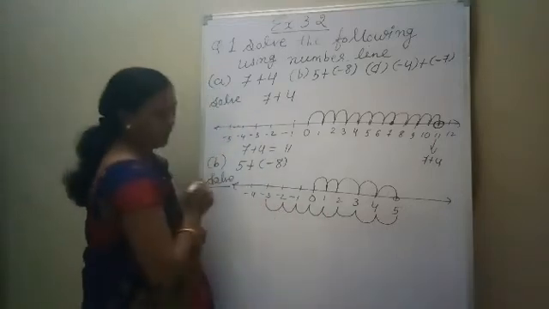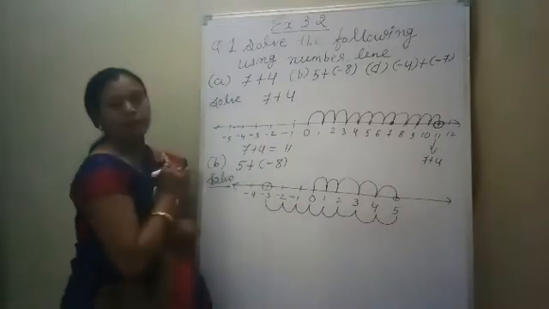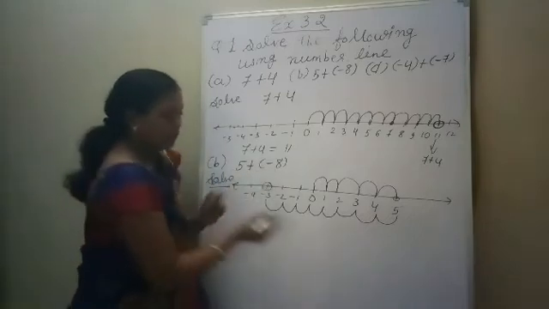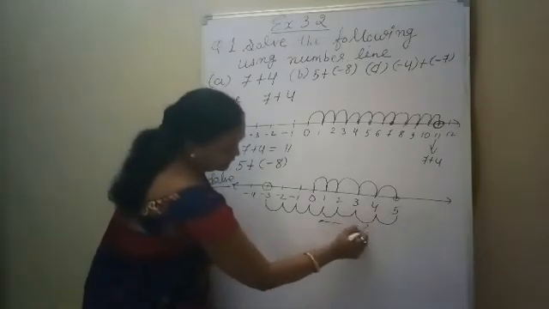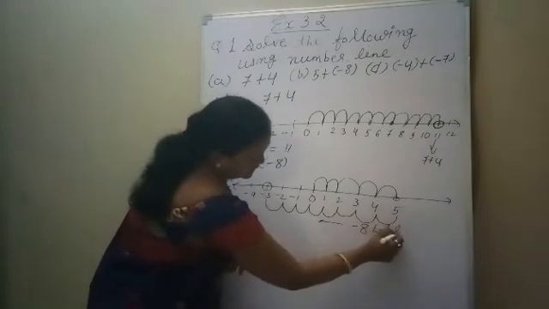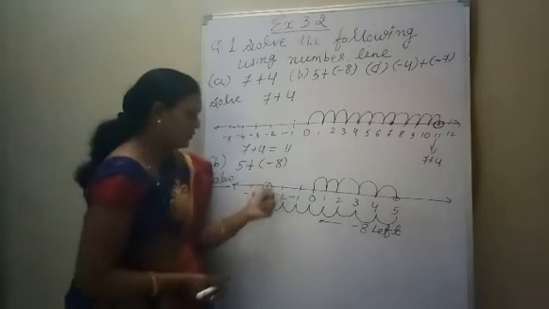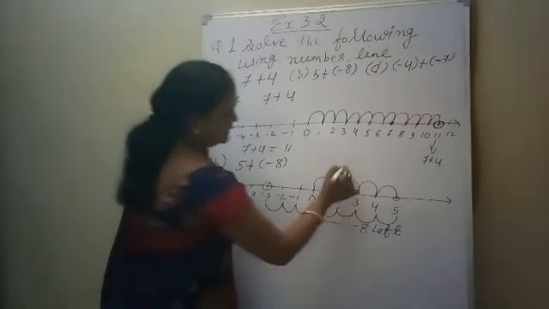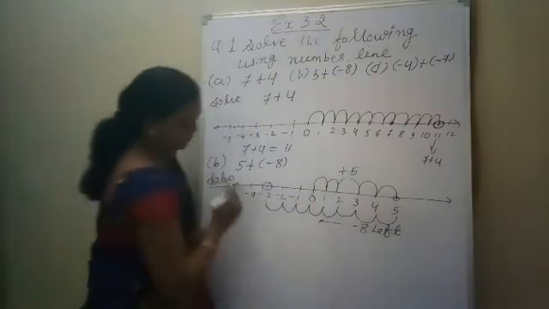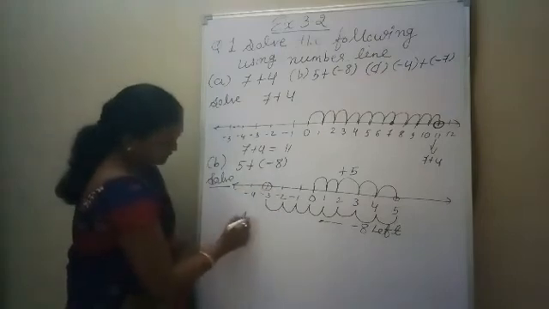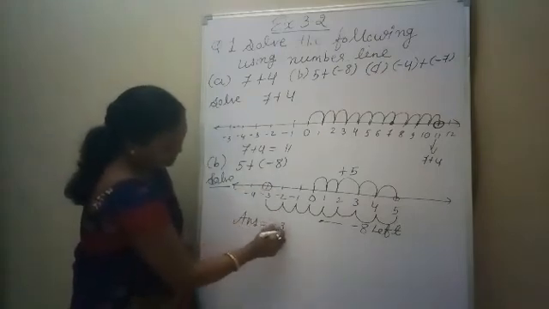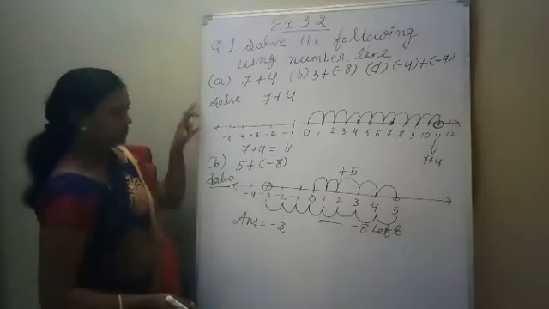So our answer will be minus 3. Why do we go through minus 8 on the left? Because it is a negative number, so we go to the left side from plus 5. So our answer will be minus 3.